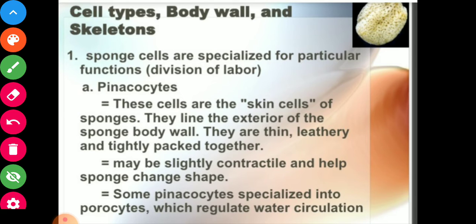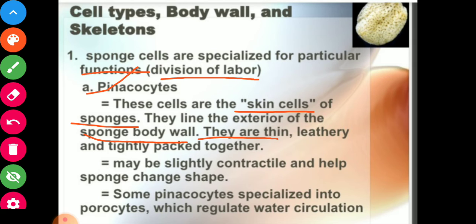Cell type, body wall and skeleton. Sponge cells are specialized for particular functions. Pinacocytes are the skin cells of the sponge. They line the exterior of the sponge.